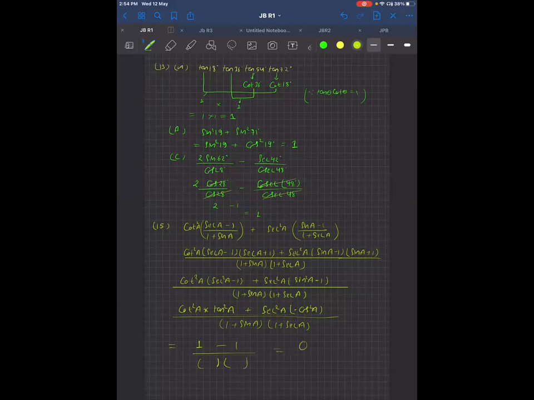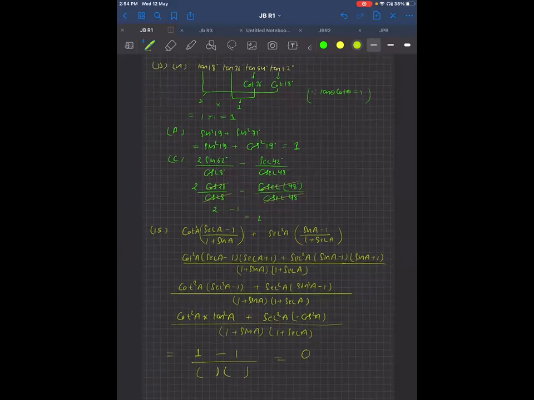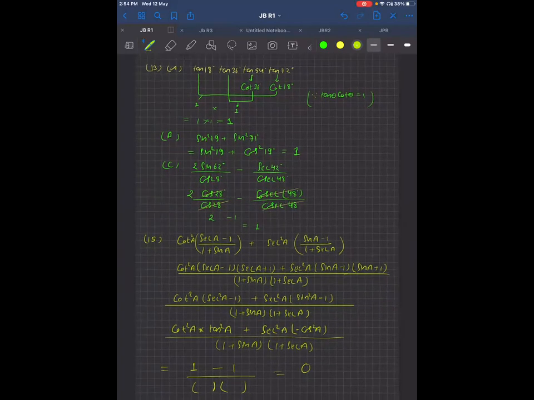Now 0 by anything is always 0. So the answer is 0 for the 15th. Because this is plus 1 and this is minus 1. Here sec square is 1 by cos square, so they cancel, and plus into minus is minus 1. So the answer is 0. Now let me know if you have any doubt in question number 15.